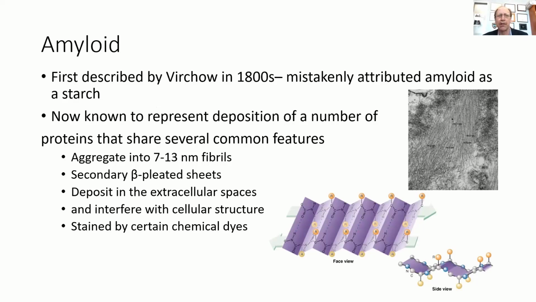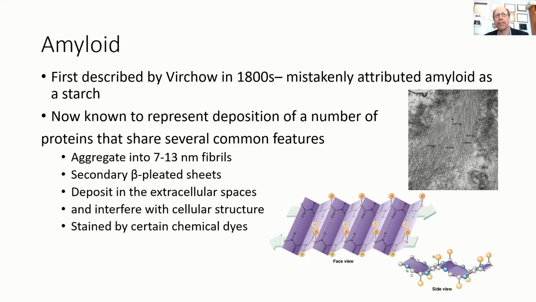He thought it was a starch, and hence it was called amyloid. Now we know that this is a number of proteins that share common features: a tendency to aggregate into thin fibrils and then form secondary beta pleated sheets. Those are insoluble and deposit in extracellular spaces, and they interfere with cellular function and structure.